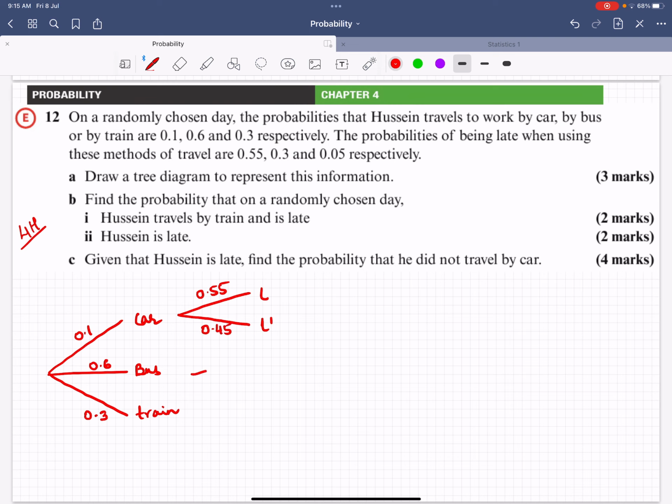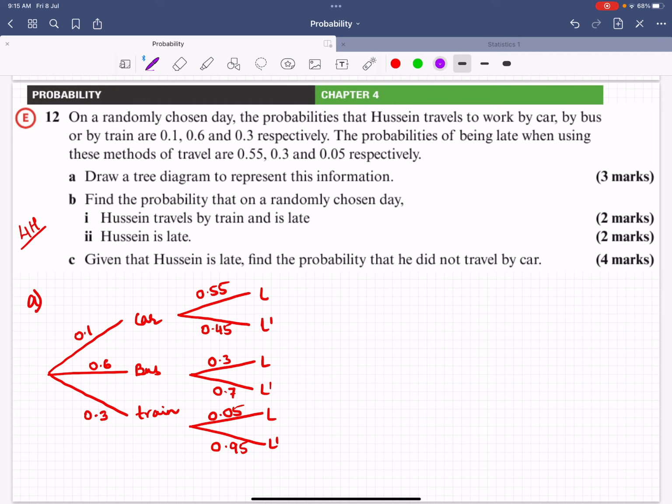If he goes by a bus, the probability of his being late is 0.3 and not being late is 0.7. And if he goes by train, the probability of his being late is 0.05 and the probability of not being late is 0.95. And that answers part A.